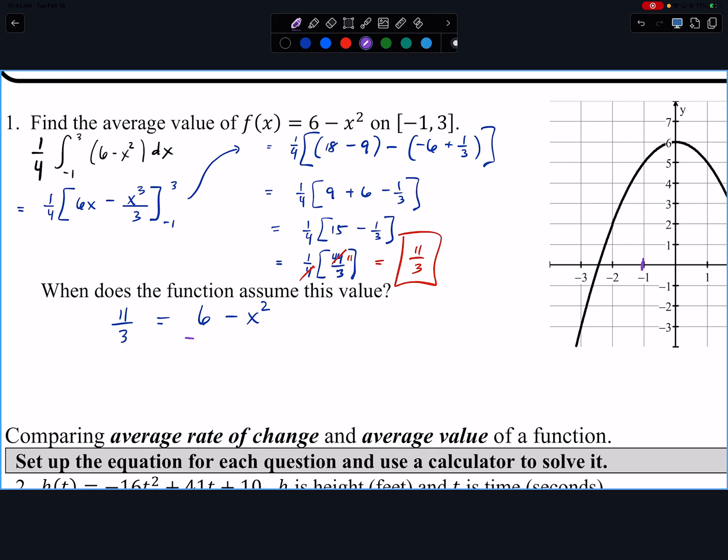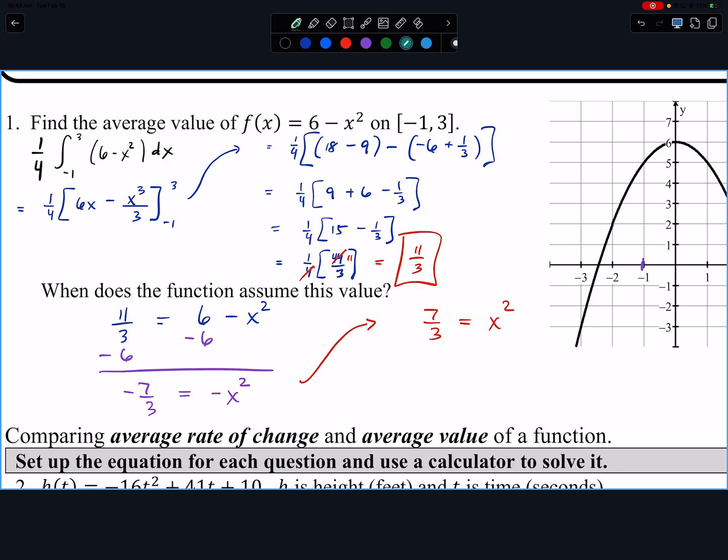So I'm going to subtract 6 from both sides. Do you guys agree that 6 is the same thing as 18 over 3? 11 thirds minus 18 thirds is -7 thirds. If I divide both sides by -1, we get 7/3 is equal to x squared.